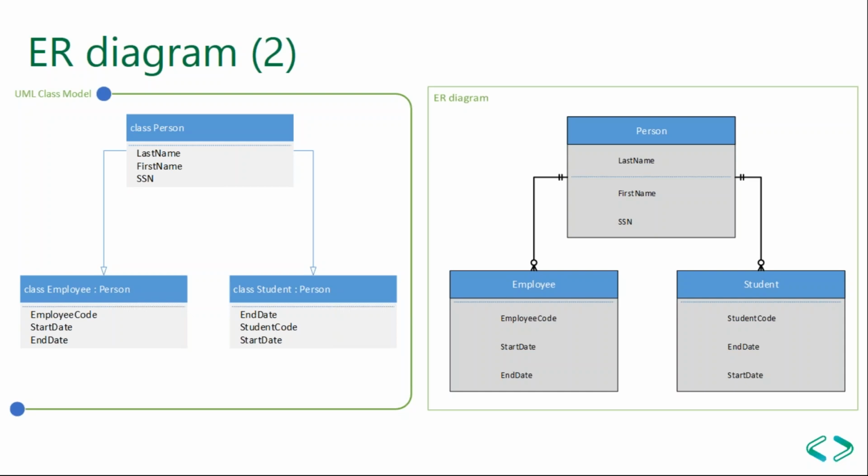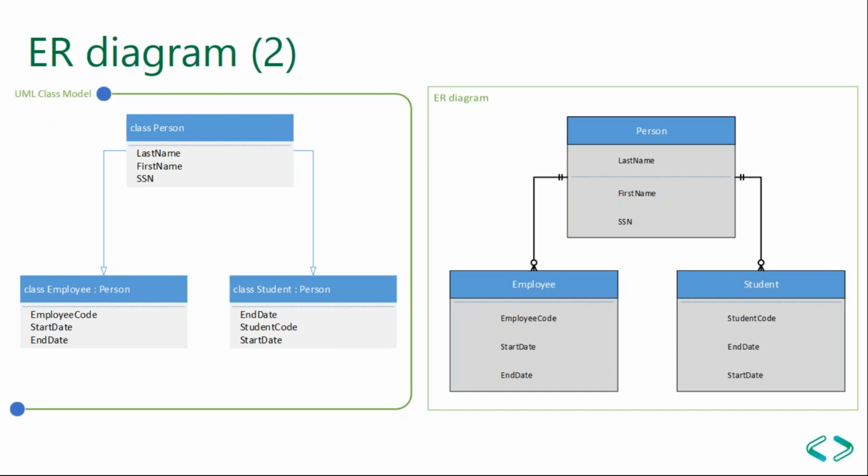So we inherit employee from person, and we can inherit student from person. Is it right? I think no, because one person can be a student and after he graduates from the university, he can be a teacher, so he's an employee.